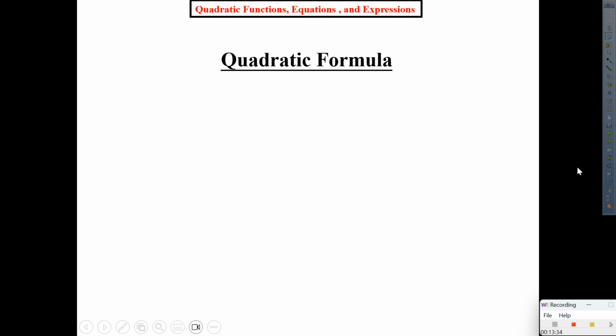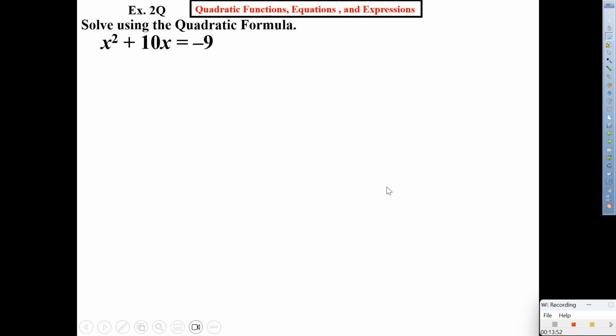All right, we got it? All right, so I'm going to pick someone, and they're going to go up front and recite the quadratic formula. Everybody's going to get their phones and record them. Just kidding. All right, so with that said, copy this down. Example 2Q, write this down.